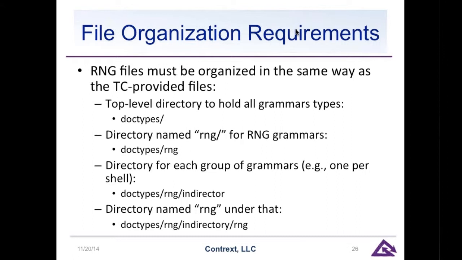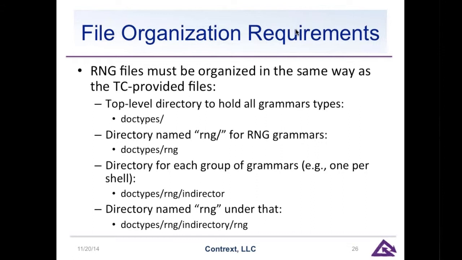All right. There are some file organization requirements that I haven't taken the time to figure out how to get rid of. This just reflects the way that the TC has organized its grammar files historically, and so my generation code depends on that pattern to put things in the right place. So you need a top-level directory. I typically call it doc types. Then you need a directory named RNG.